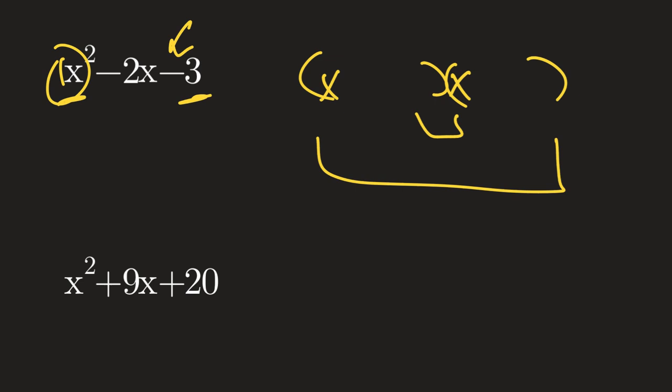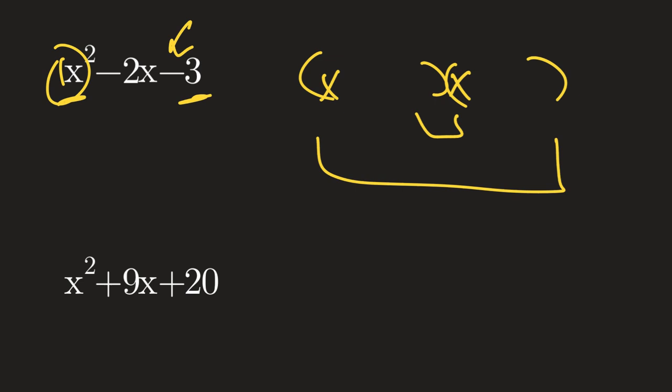Whatever you put on the back ends is going to be multiplied times 1. And anything times 1 is itself. And that wasn't really the case the other day. But today, that's why this one's easier. If your leading coefficient is 1, the front end of your parentheses is going to have a 1 there. Whatever goes on the back end gets multiplied times 1. It's not going to change.